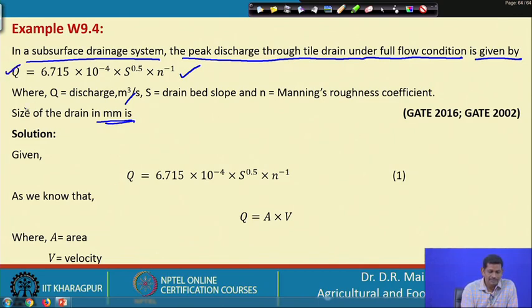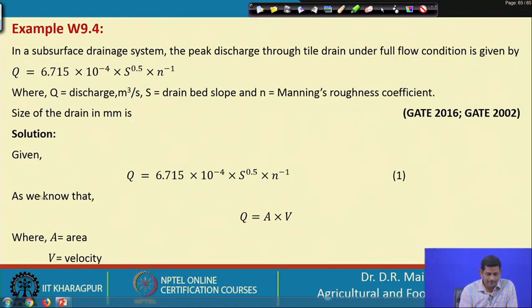So, Q is given. Since it is a subsurface drainage system, we consider this a circular drain pipe. Let us see, the given Q is equal to 6.715 times 10 power minus 4 times S power 0.5 times n power minus 1. This is the Manning's equation.